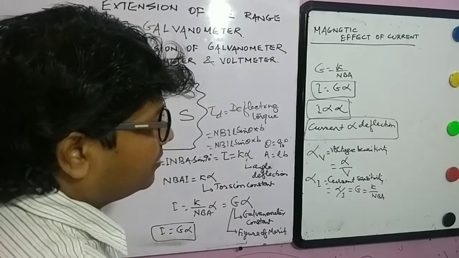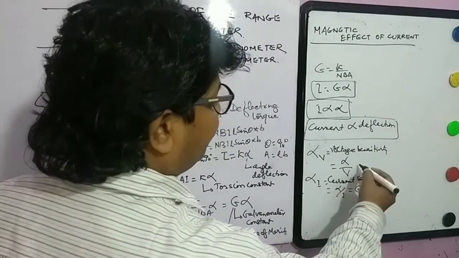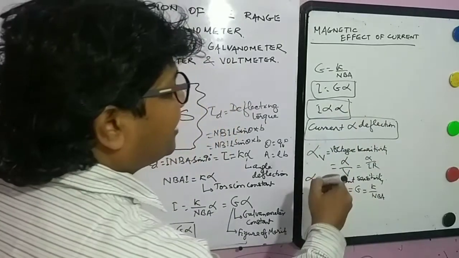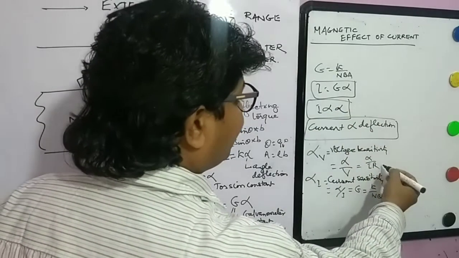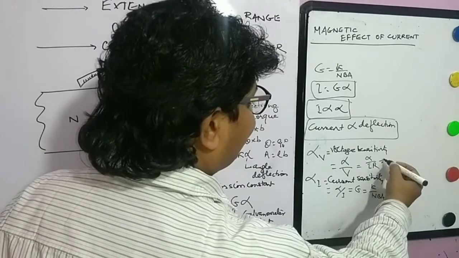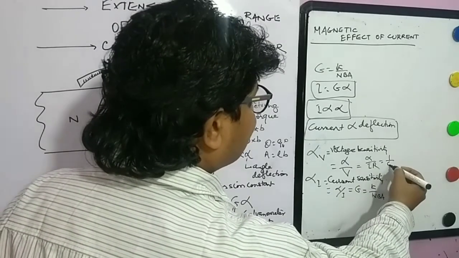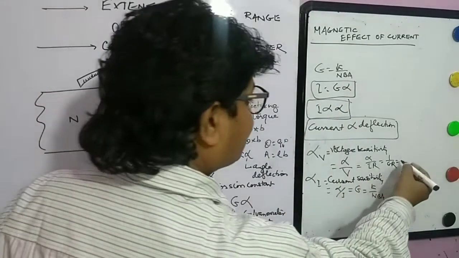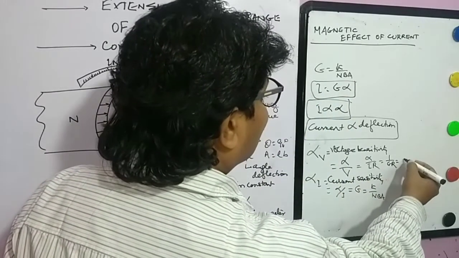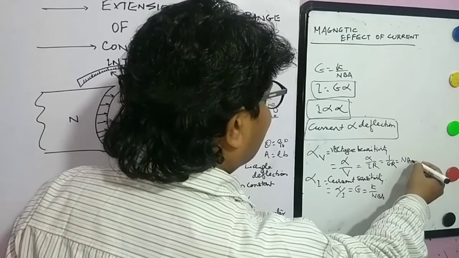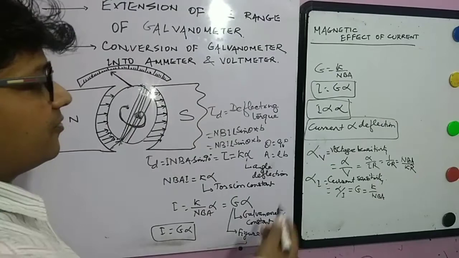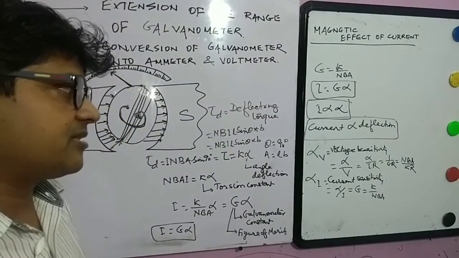So this is equal to the current sensitivity, and for voltage sensitivity, we can write alpha by V is equal to alpha by I into R, and alpha by I is nothing but 1 by G. So it is 1 by G into R, and G is nothing but K by NBA, so this will be equal to NBA by K into R. So this is the voltage sensitivity and this is the current sensitivity.